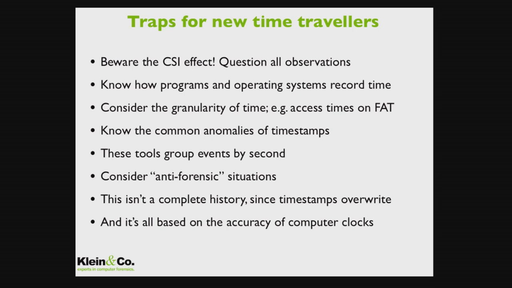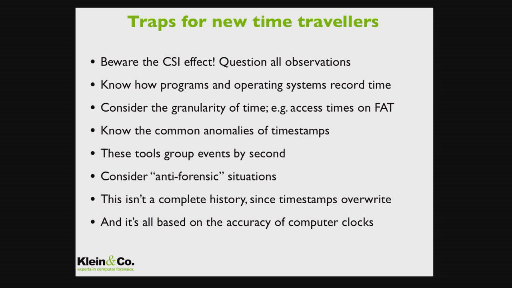So for example, the last modified time of a document, if that document came from somewhere else and was copied to here, the modification time should remain the same. So there might be a discrepancy between the accuracy of that and the accuracy of other timestamps on the computer. And they might include timestamps that have come from a range of other computers. So you need to keep your mind open to that.